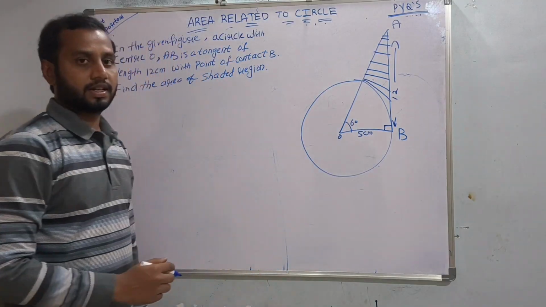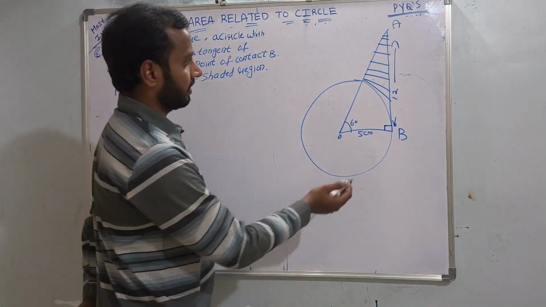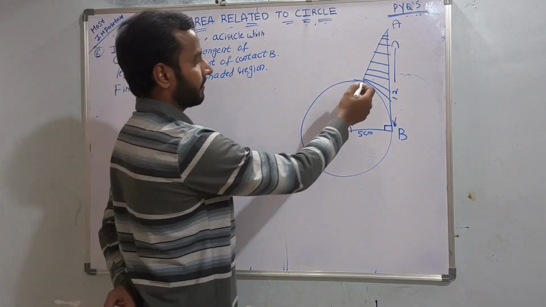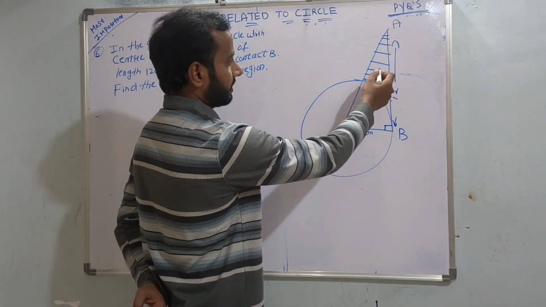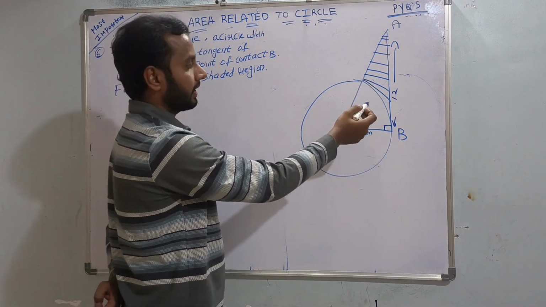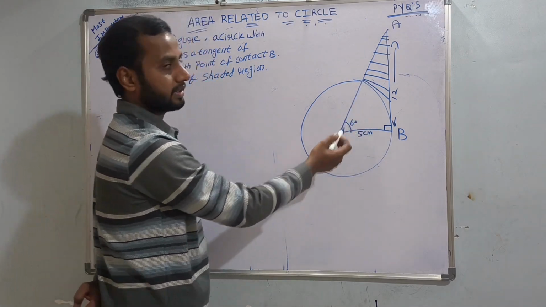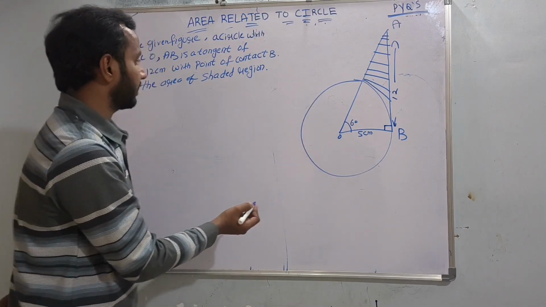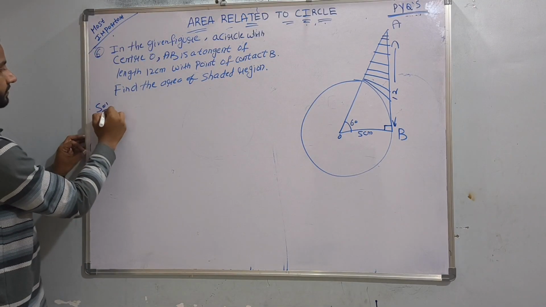To find the area of the shaded region, for example, if I take the complete triangle and cancel out this part, that is your area of the minor sector, then I will get the area of the shaded part. That is the solution.